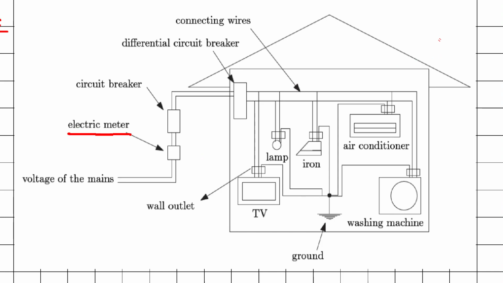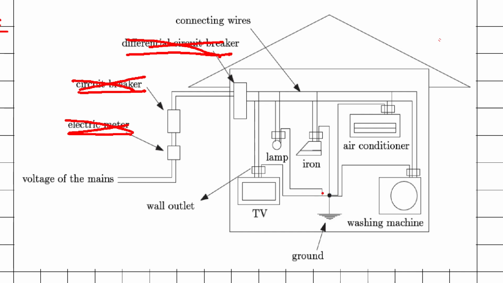Now there is an electric meter, then we have the circuit breaker, then we have the differential circuit breaker. Now for the time being, let's ignore these instruments or electric components, and let's focus on how the electric appliances inside the house are connected.